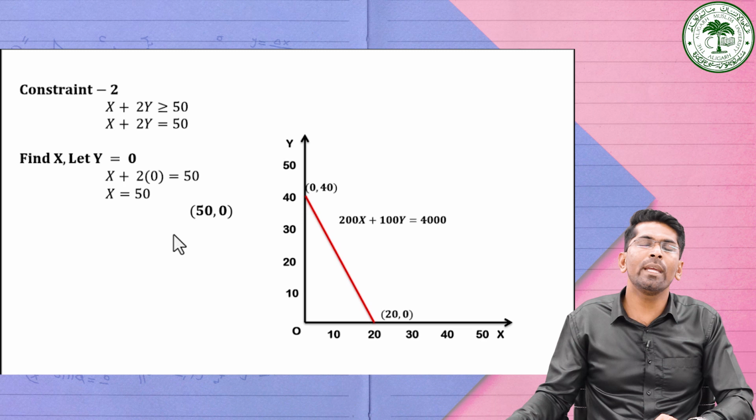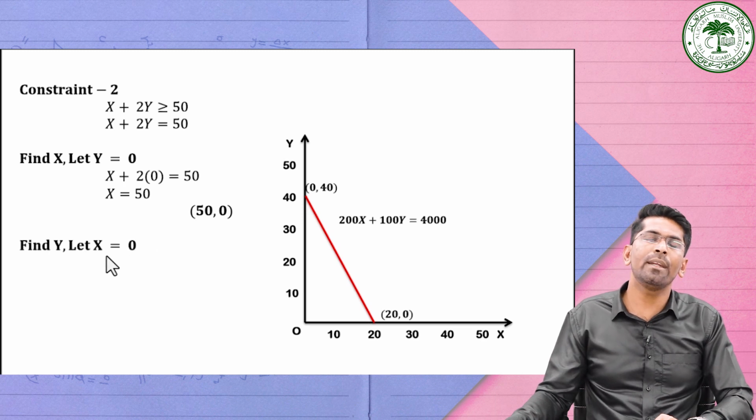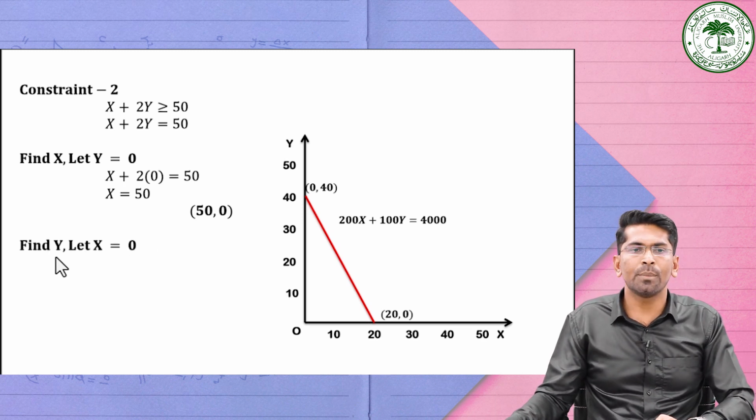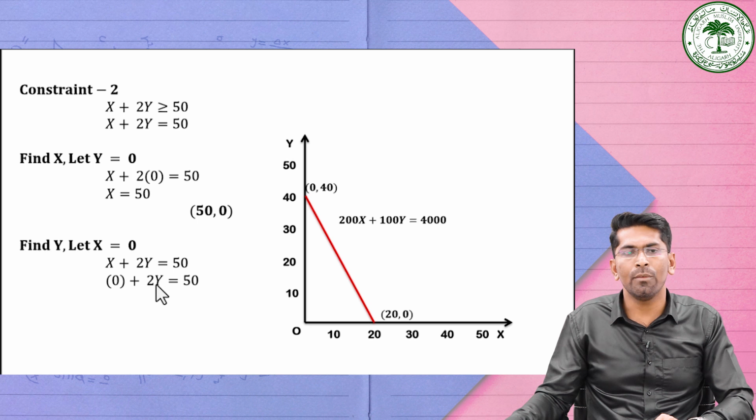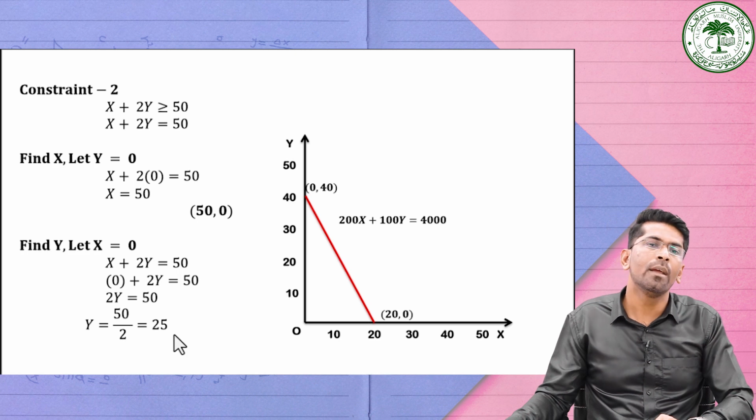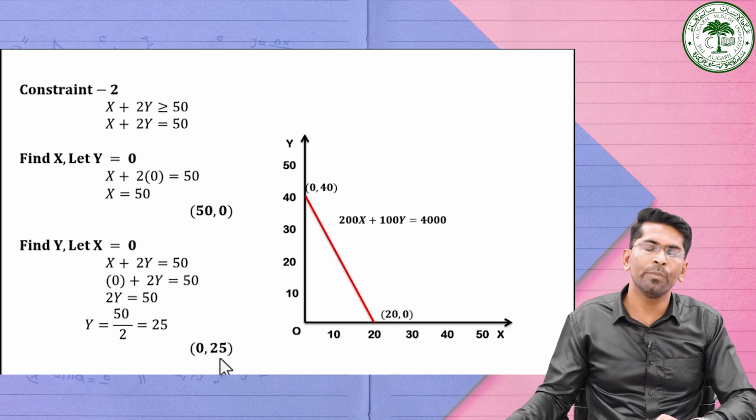Similarly, by assuming x is equal to 0, we can find the value of y as well. Substituting x equals 0 in the constraint, it becomes 0 plus 2y equals 50, so 2y is equal to 50. Dividing both sides by 2, y is equal to 50 divided by 2, which is 25. So when x is equal to 0, y is equal to 25.